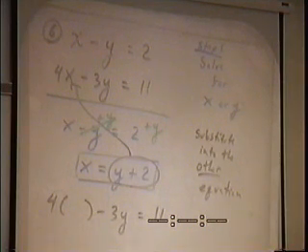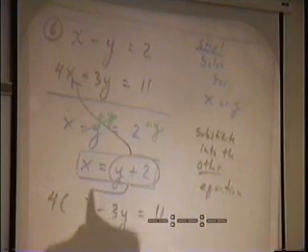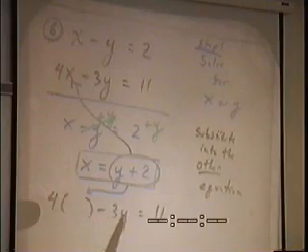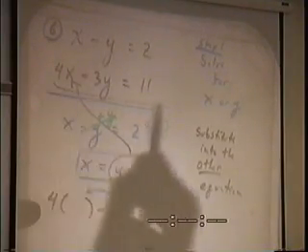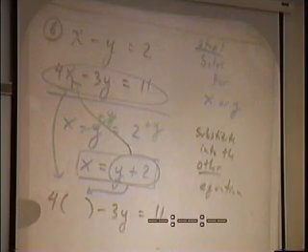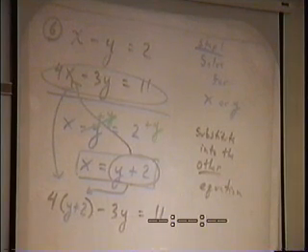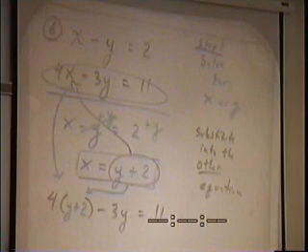This says 4x minus 3y equals 11. That's what it says right there. I'm going to put the y plus 2 into that equation. Simplify and solve it.